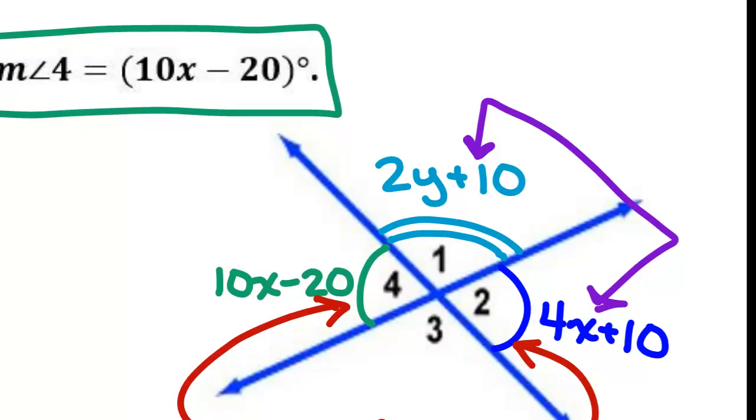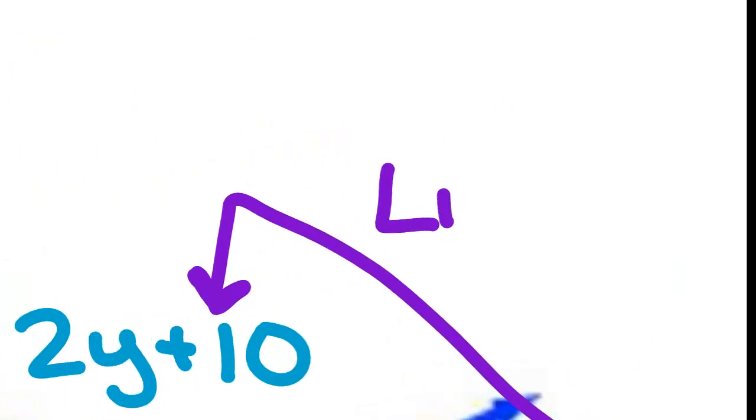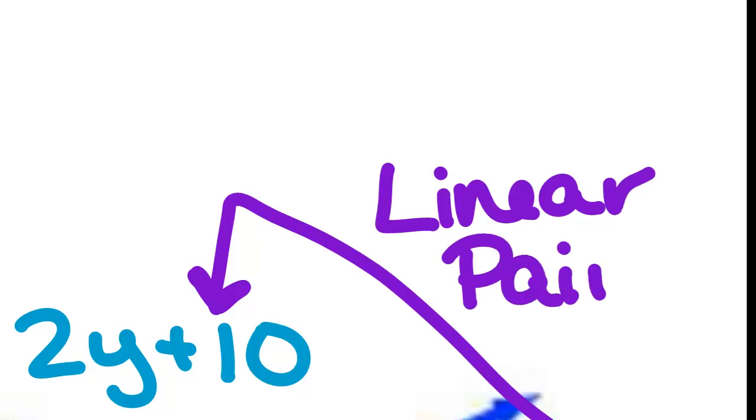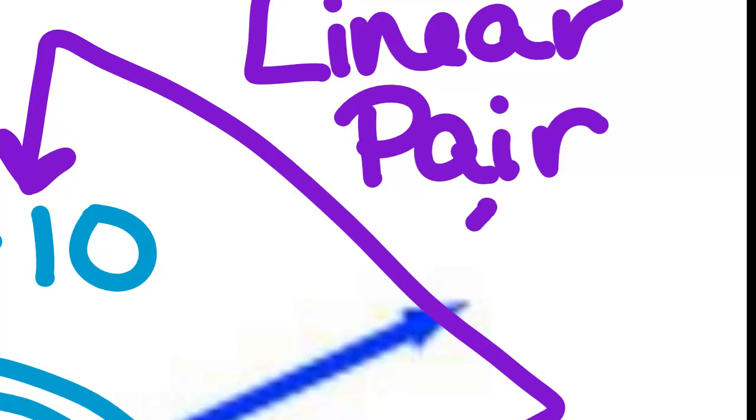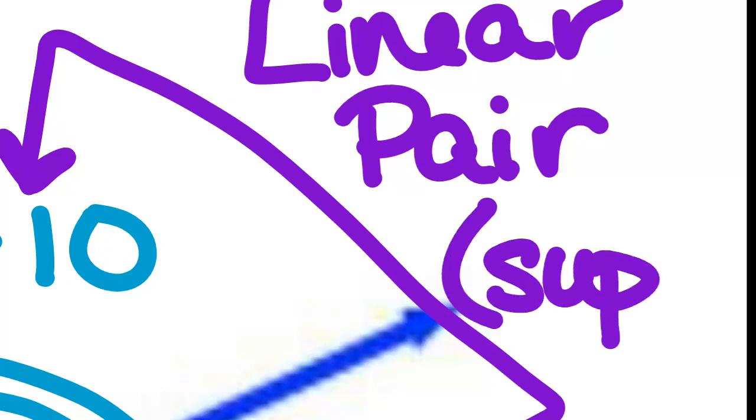Angle 1 and angle 3 are congruent. What do we call angles 1 and 2 or 1 and 4, where they're side by side like that? That's a linear pair. And what do we know about linear pair angles? Are they congruent? No, they are. They add together to 180. Yes, they are supplementary.